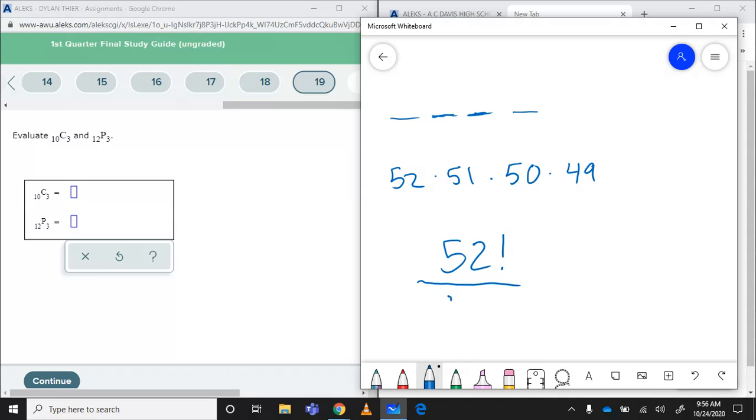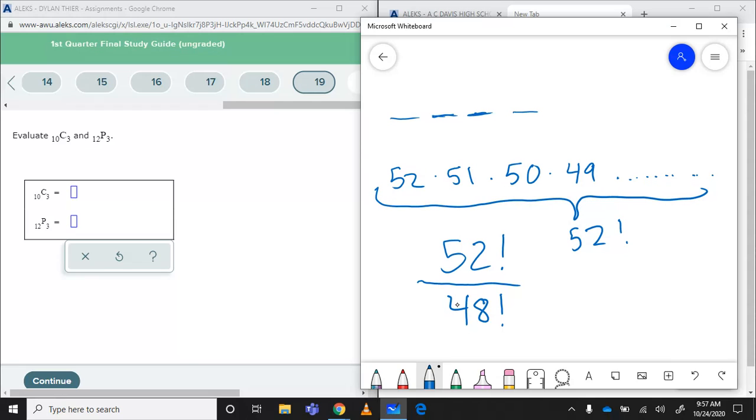by 48 factorial. Okay, the reason why we divide by 48 factorial is because we don't want all of the numbers coming afterwards. So if all of these numbers together is 52 factorial, and we want to get rid of all of the numbers out here, we want to get rid of 48 factorial, then writing them as a fraction accomplishes that, because essentially we end up with a picture that looks like this.